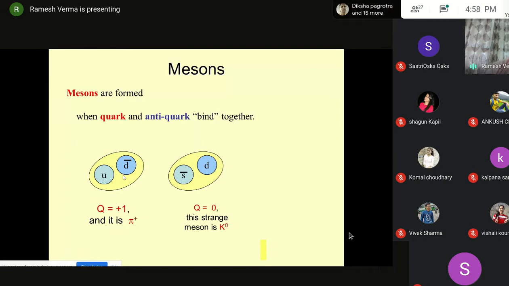So pi plus is a composite state of these. In the same way, S bar D will form K0. It's a trivial thing that we have three quarks, three antiquarks so far. So the possibilities are nine. So they will immediately fill the nine members of the octet and actually singlet.